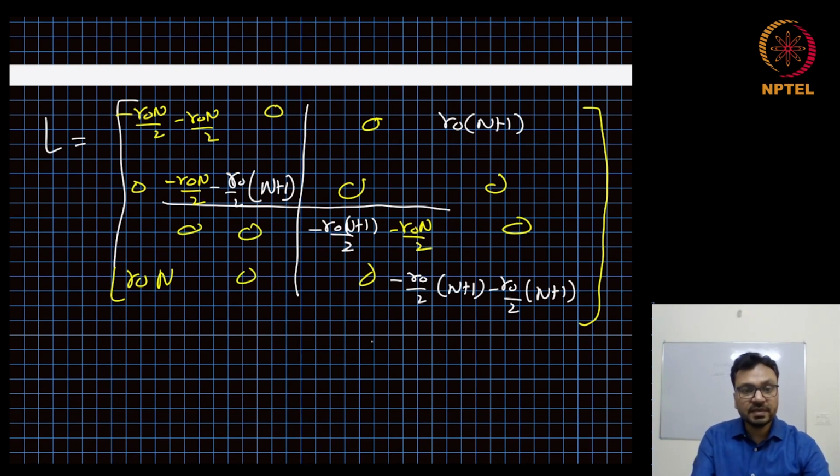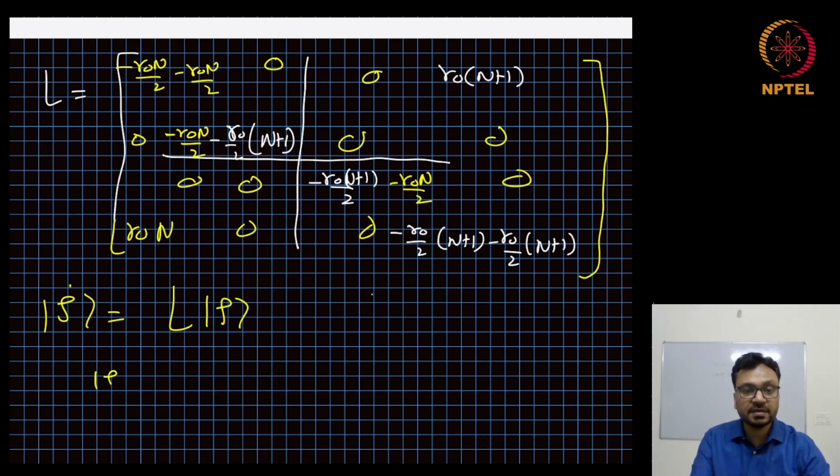Now with this, we can rewrite the master equation. Rho dot equals L acting on rho, where L is this 4 by 4 matrix and the rho vector is rho 1 1, rho 1 2, rho 2 1, rho 2 2.